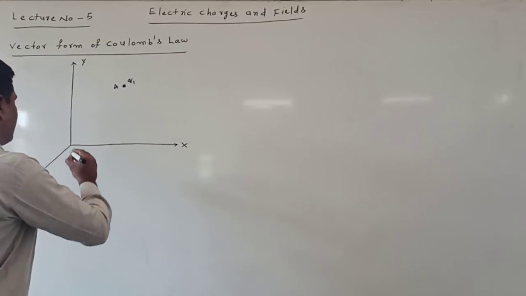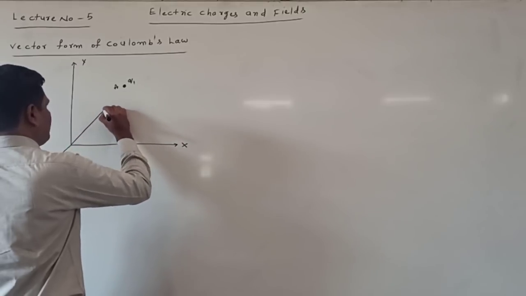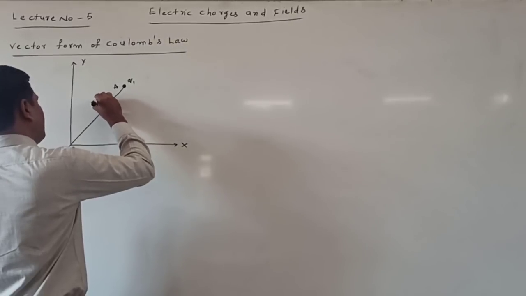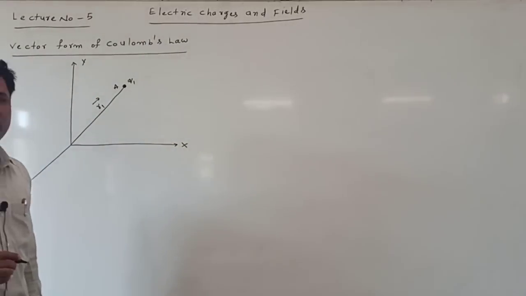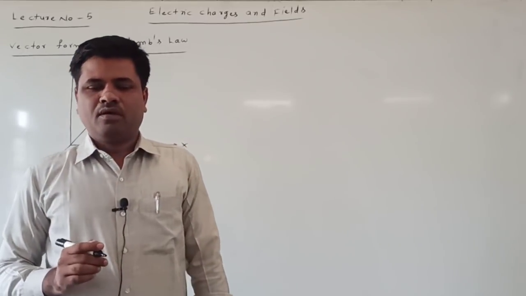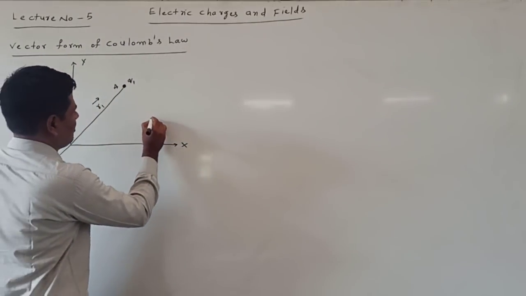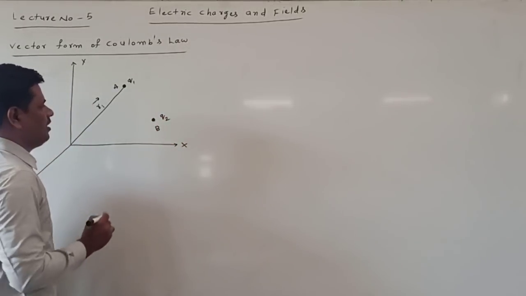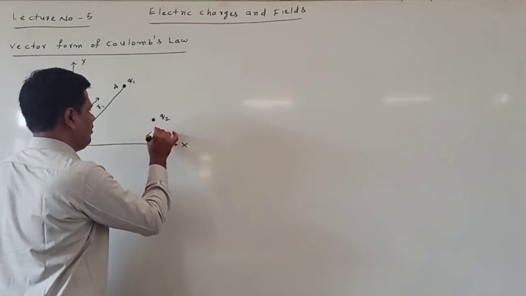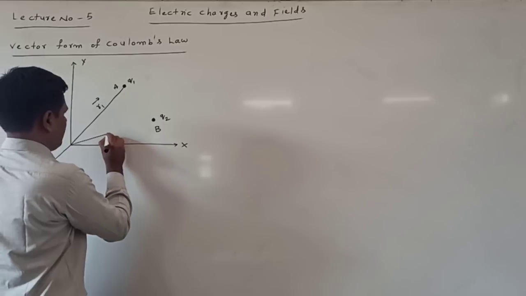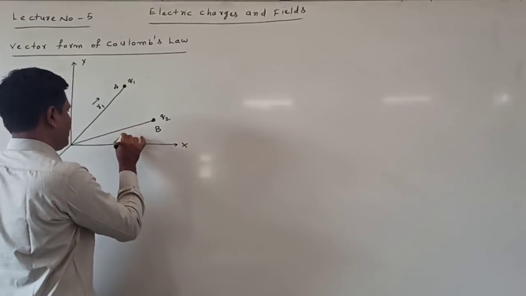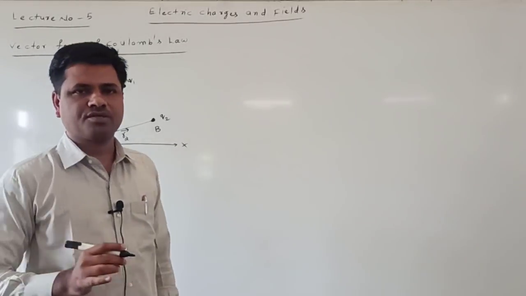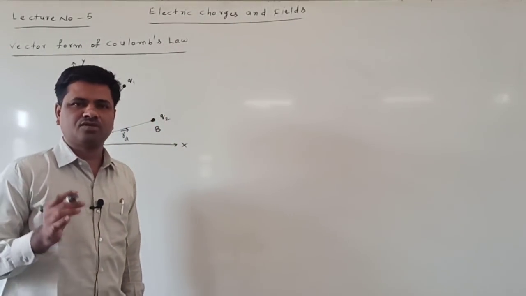The position vector of the charge q1 is drawn here, and I take that position vector as r1 bar. Next, I take another charge q2 at the point B. Its position vector I take as r2 bar. r2 bar is the position vector of the charge q2, and r1 bar is the position vector of charge q1.